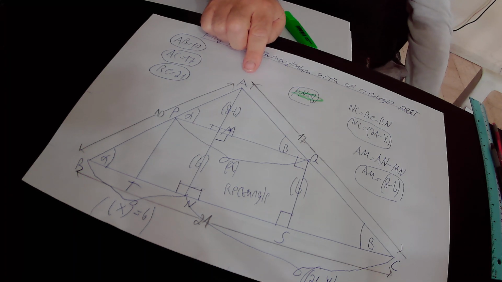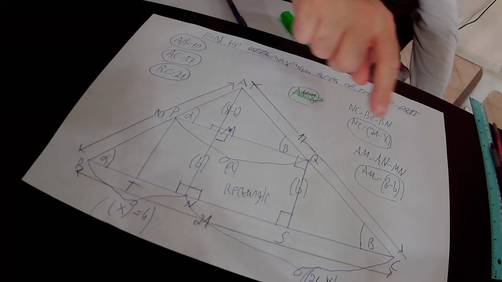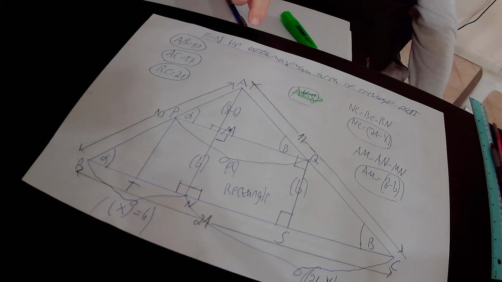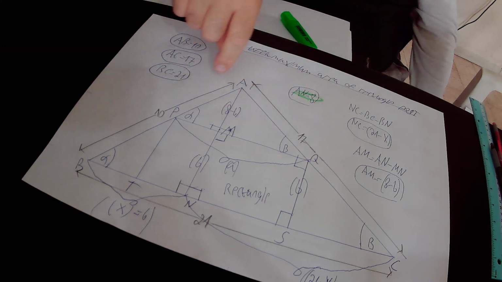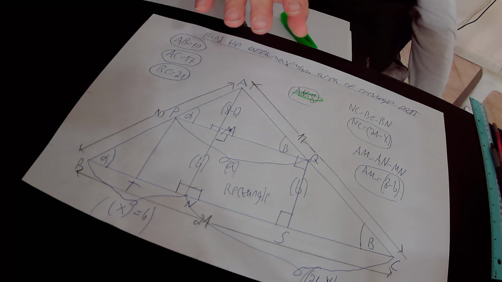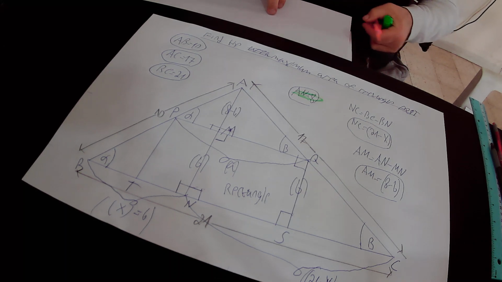So we actually proved that all the angles in the big triangle ABC are correspondingly equal to all the angles in this small triangle APQ. And therefore, those triangles are similar to each other according to the angle similarity rule. So write it down.